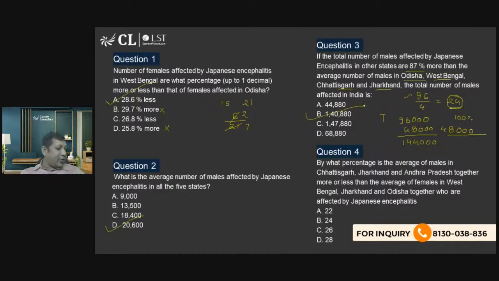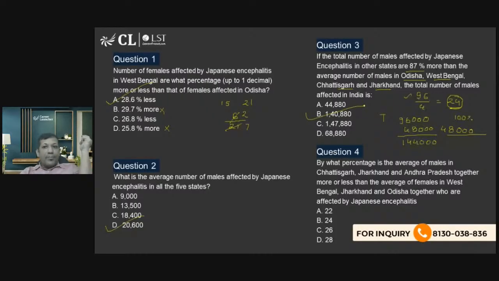Anyone has any doubt in question number 3? Okay, that was a little different question. Priyanshi, you need to understand one point.